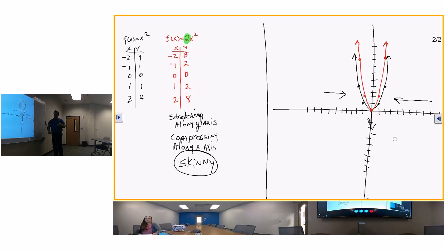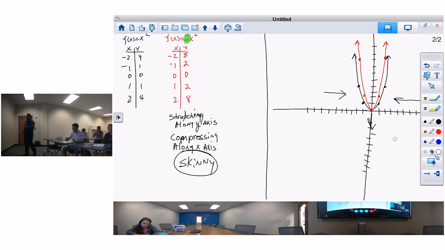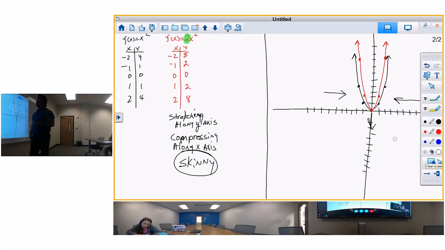Now you need to know that because the homework and some standardized tests will ask you, what are you doing? And they'll want you to say, is it compressing along the x-axis or is it stretching along the y-axis? All right, let's do another one. Let's do this one in blue. Let's put a blue tint to it, something opposite of red.